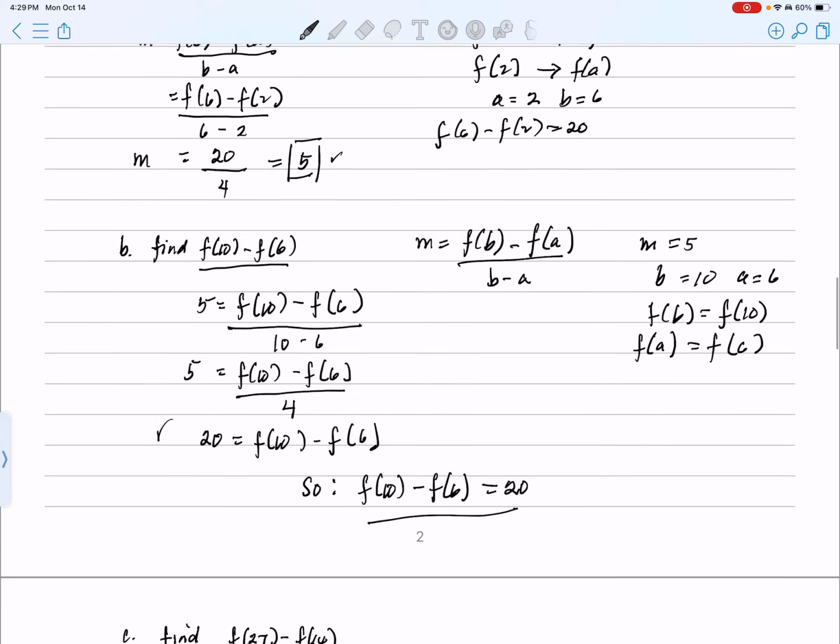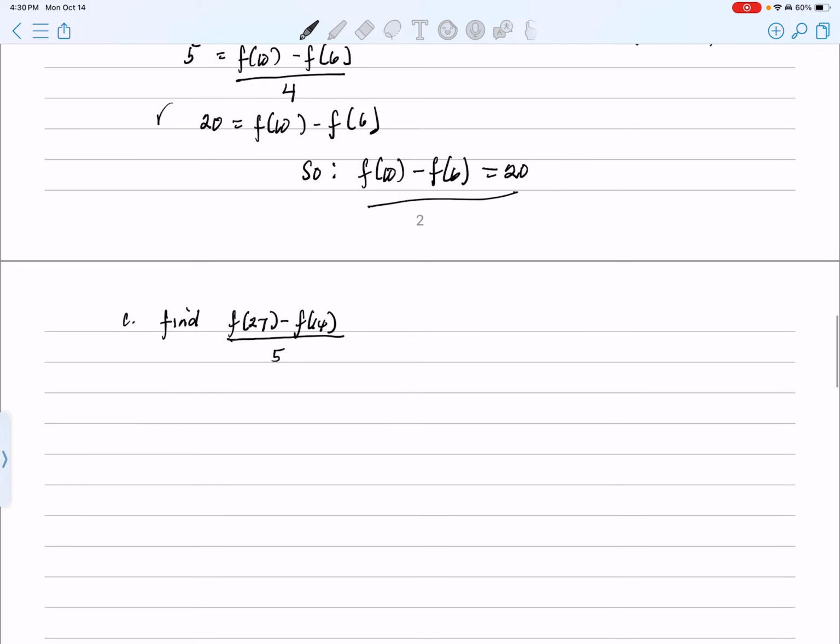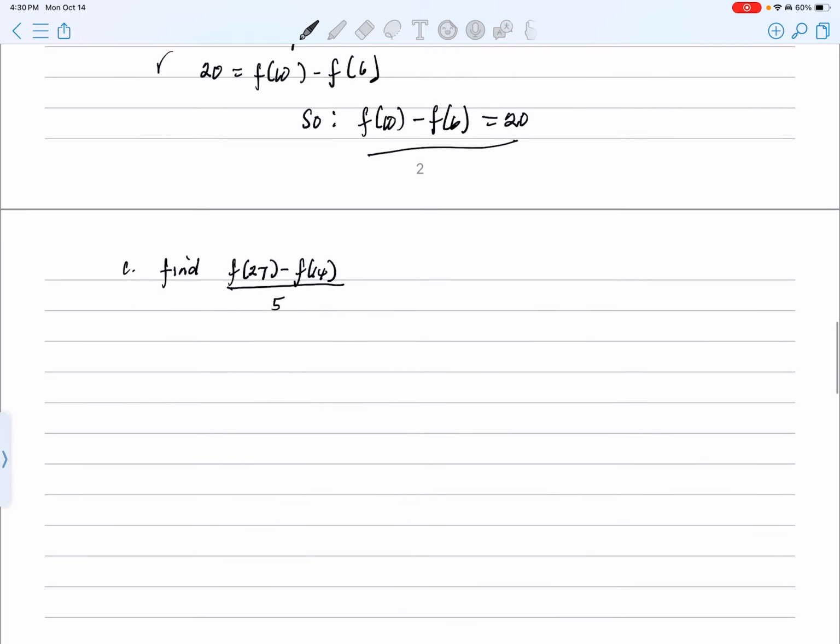Let's do question C. Find f of 27 minus f of 14 over 5. Let's sort out what we could get from this information. The rate of change is 5. I could make a as 14 and b as 27, because the interval there is 14 to 27.